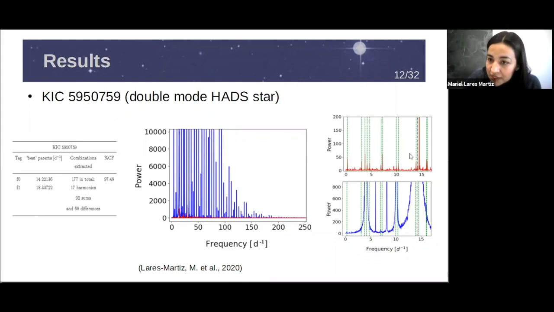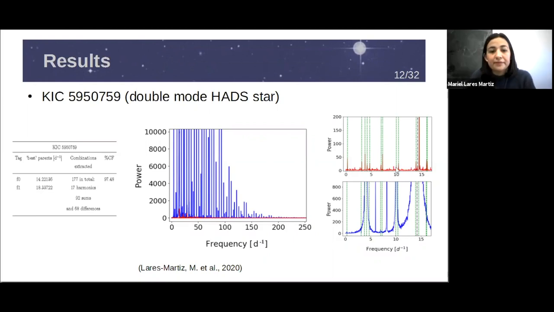After such extraction, a new frequency structure that was hidden could emerge, possibly allowing a match with linear models. For example, here we have an even separation from the central frequency.